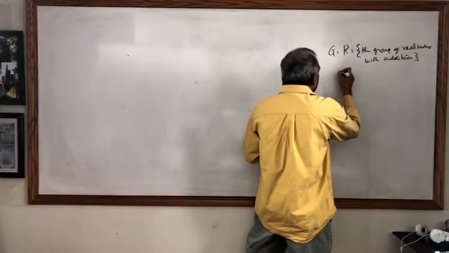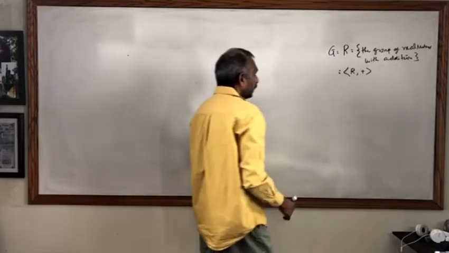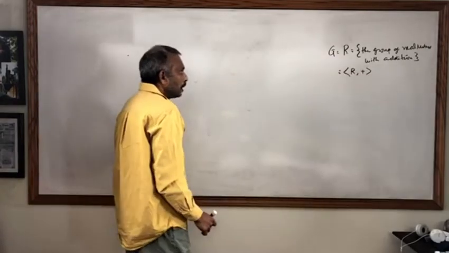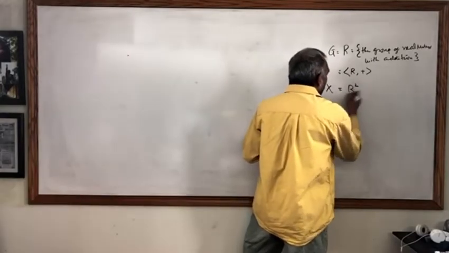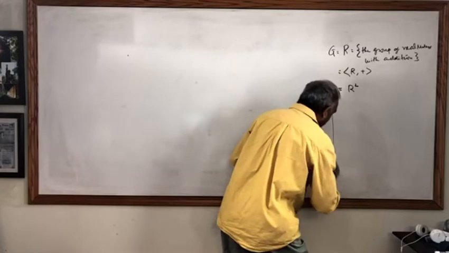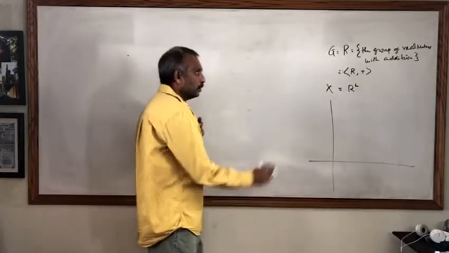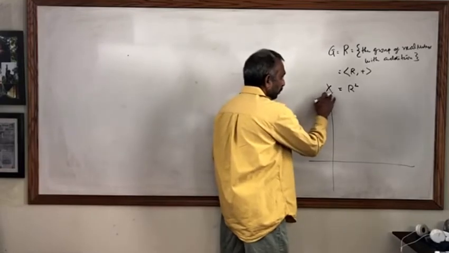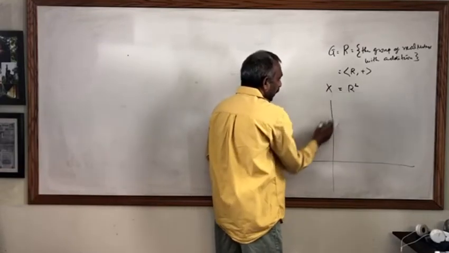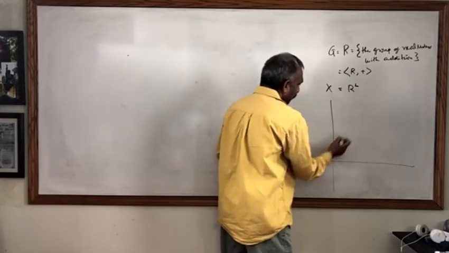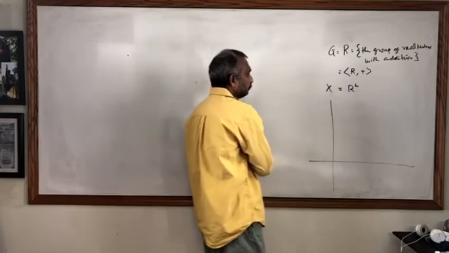You can say it is actually the additive group of real numbers. Our set is R square. That is, there is no operation defined on this. This is just a plane. So any point in this plane belongs to X.